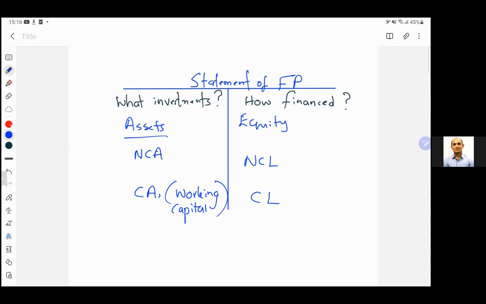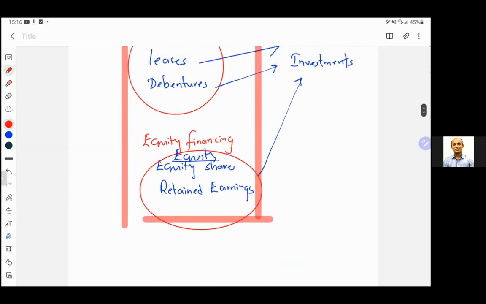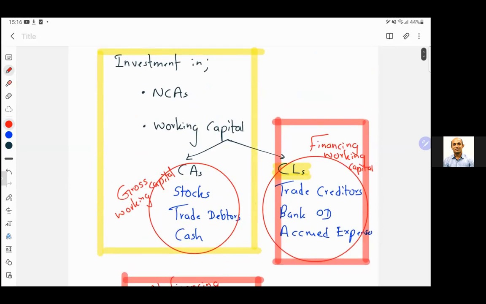You know, non-current assets are financed through equity. There are situations where non-current assets are financed through both equity and debt. So long-term debts are non-current liabilities. Working capital is financed through current liabilities. We have learned that.